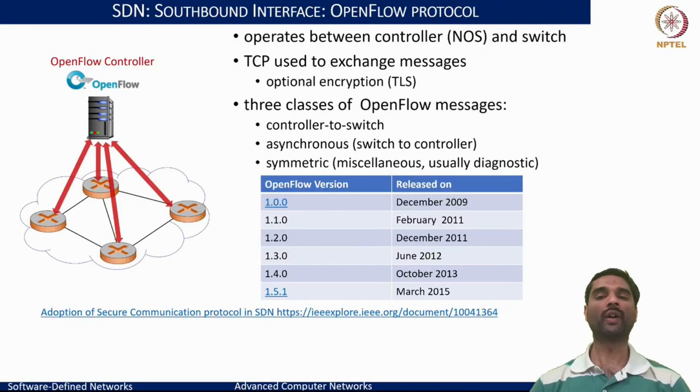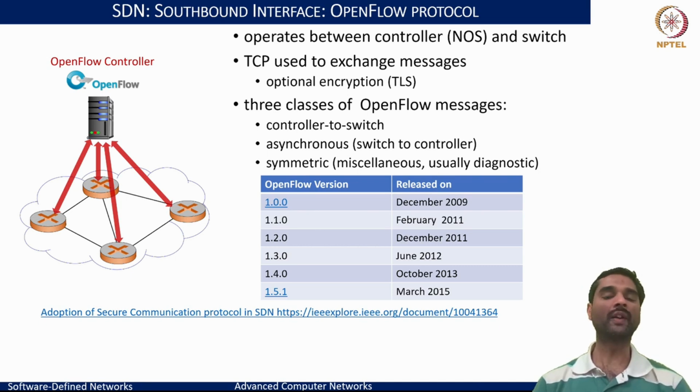Let us now try to look at the OpenFlow protocol, which is the southbound interface for the SDN to communicate with the network devices. And this operates between the SDN controller or the network operating system and the switch or the routing devices.